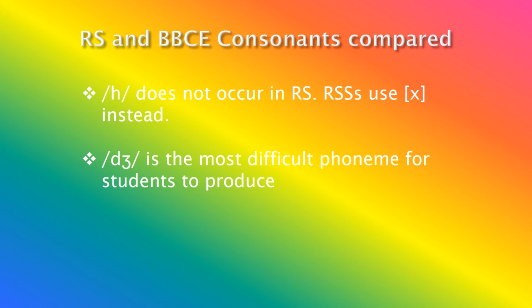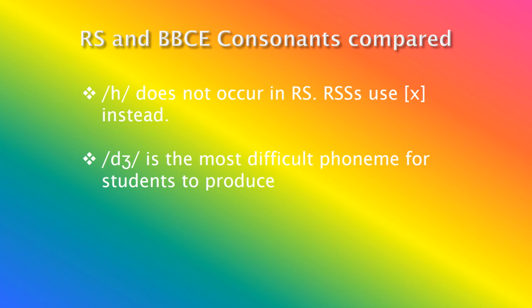The voiceless glottal fricative does not occur in Rioplatense Spanish. Rioplatense Spanish speakers tend to use the voiceless velar fricative instead, which is the sound we use when we read the letter J. So students tend to say he, her, etc. We have to work hard at helping them to produce the correct pronunciation until they produce he and her.